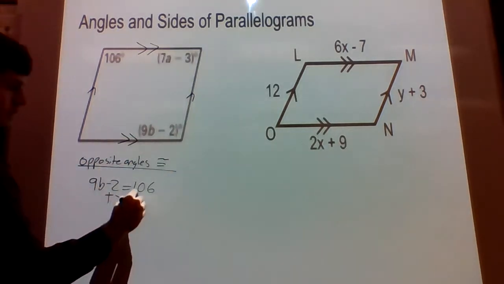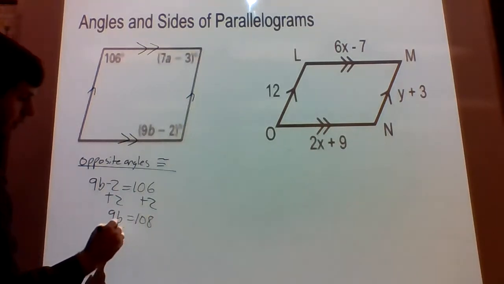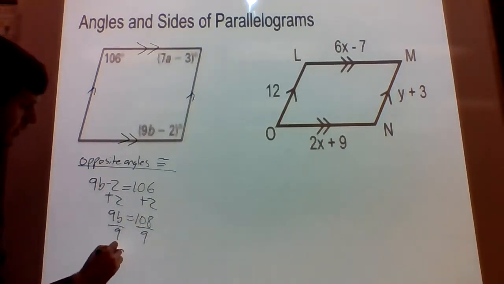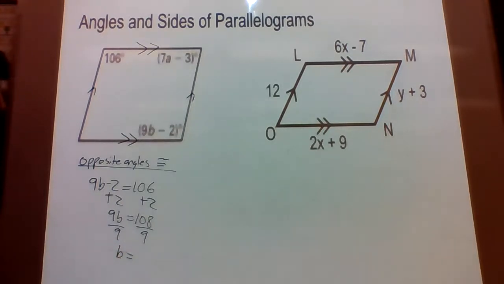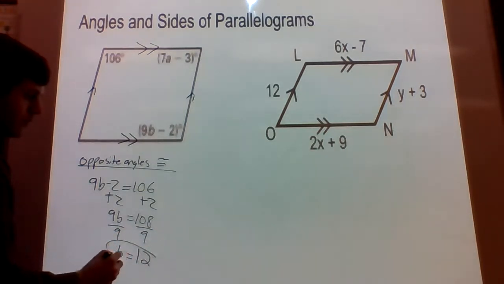Add 2 to both sides. 9b equals 108. Divide by 9. B is going to equal 12, since 9 goes into 99 11 times, and 99 plus 9 is 108.